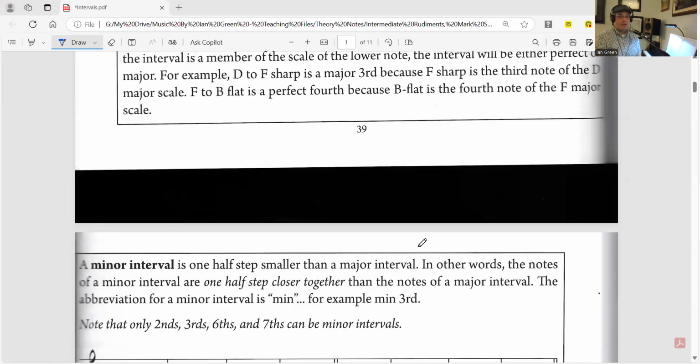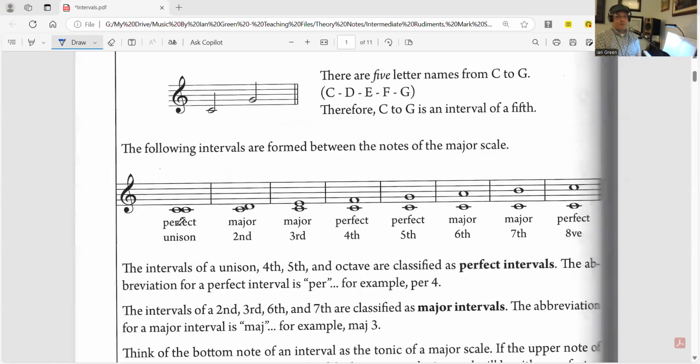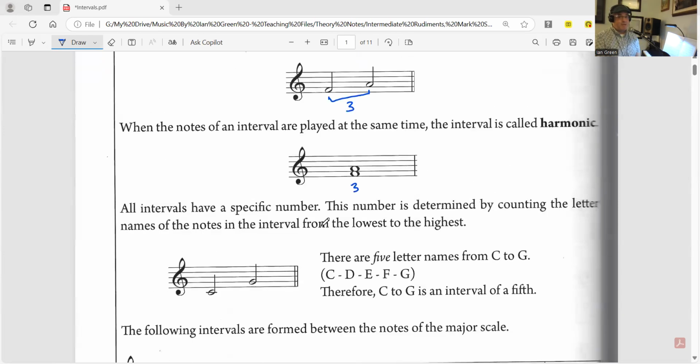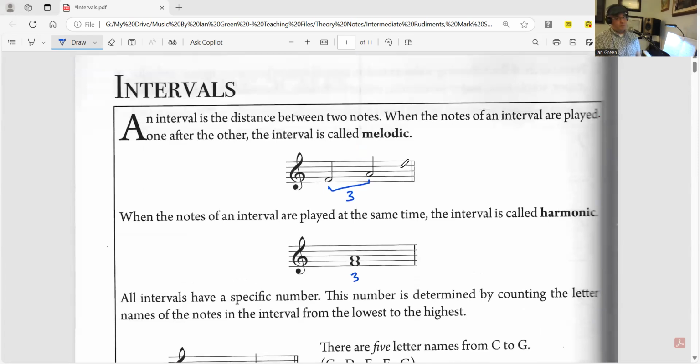Now, in part 1 of this series on intervals, we talked about how to find the space between two notes, which is an interval, and also how a melodic interval and a harmonic interval are basically the same sound, but played two different ways.